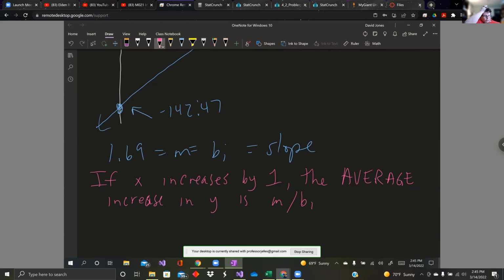That's very similar to the way we described M normally. If X increased by 1, Y increased by M. But now, since the line doesn't actually match the actual data points, it's just the best fit, we say it's the average increase.